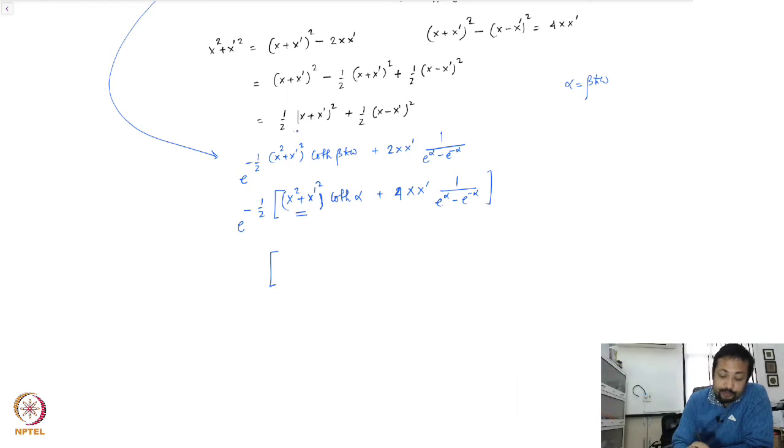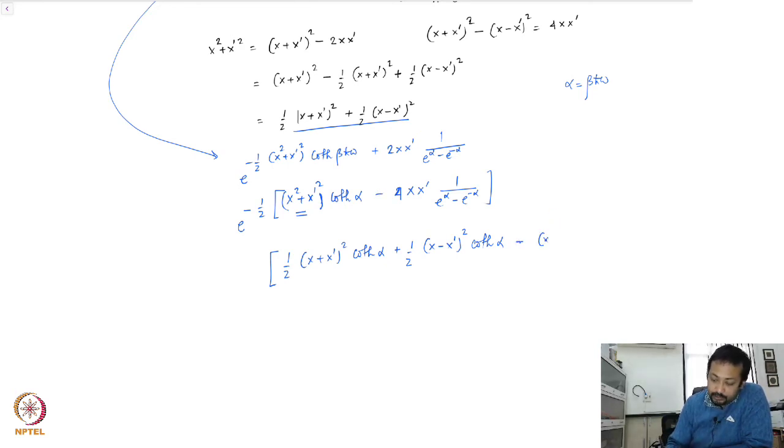So let's substitute this one over here. This becomes half (x plus x prime) whole square coth alpha plus half (x minus x prime) whole square coth alpha. And 4x x prime is, this has to be minus, because I have taken a minus outside common, so this becomes minus (x plus x prime) whole square over (e to the power alpha minus e to the power minus alpha), and this becomes plus (x minus x prime) whole square over (e to the power alpha minus e to the power minus alpha).